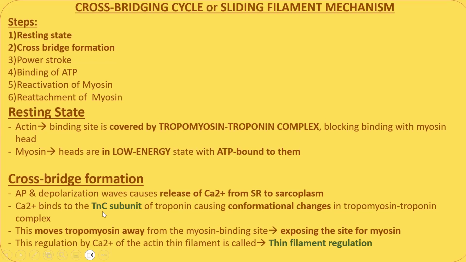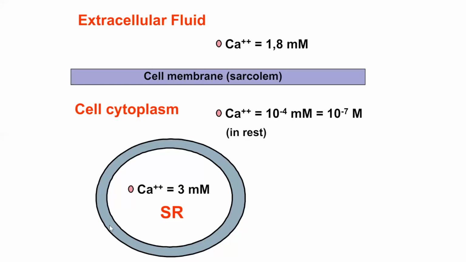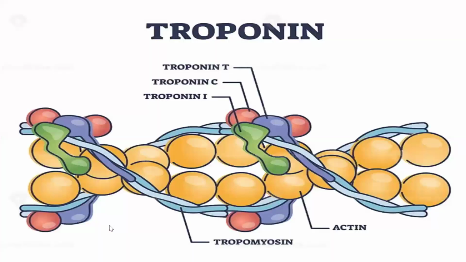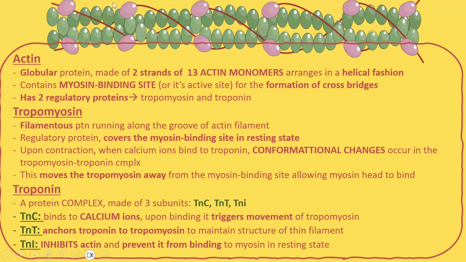Calcium will bind to the TnC subunit of troponin, and it will cause a conformational change. This causes the tropomyosin to move away from the myosin binding site. Let me go back. Let's pretend that this pointer is the calcium.